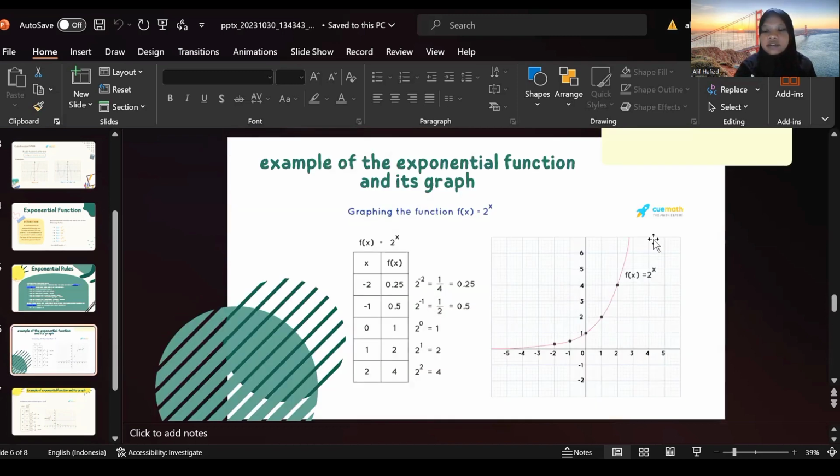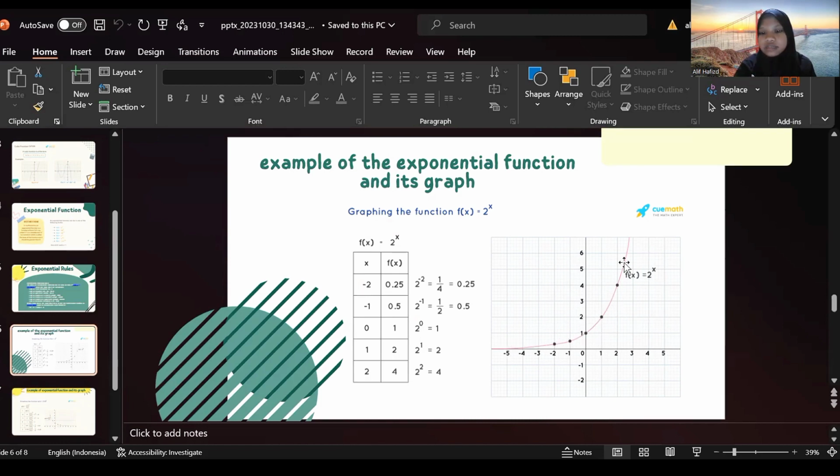So this is the curve when the function is positive, like this. There are no minus signs in this function, so the line will increase to the right side, like this.